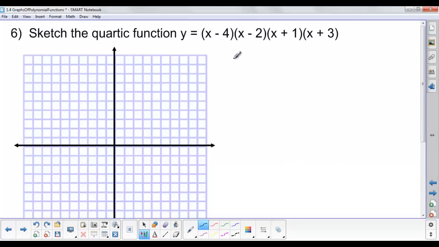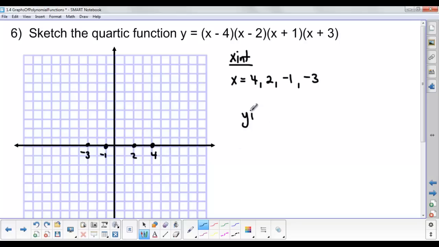List your x-intercepts. So brackets lie, meaning we have a positive 4, positive 2, negative 1, and negative 3. So we'll plot those first. Negative 1, negative 3, 2, and 4.